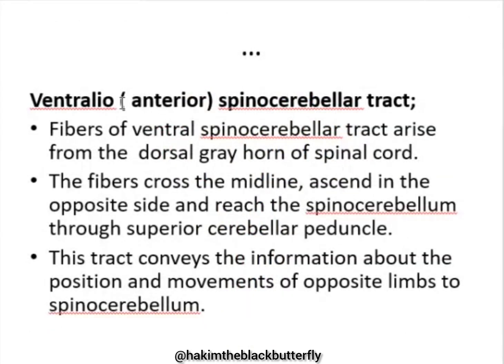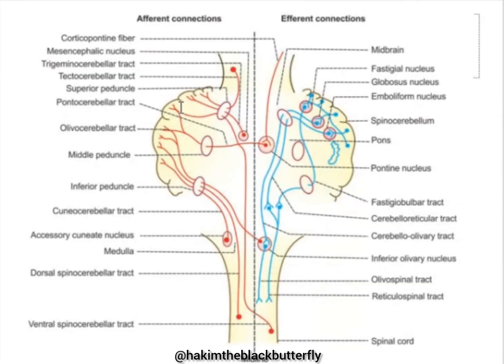Then there is the anterior spinocerebellar tract. We also talked about it. That anterior spinocerebellar tract is transmitting information from the contralateral side, and then it is being taken to the cerebellum through the superior cerebellar peduncle.